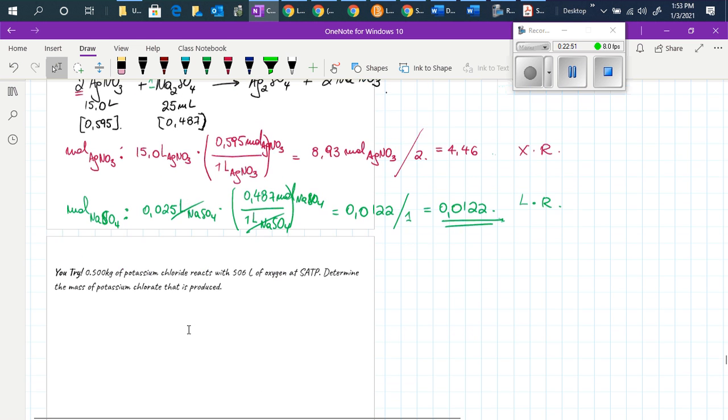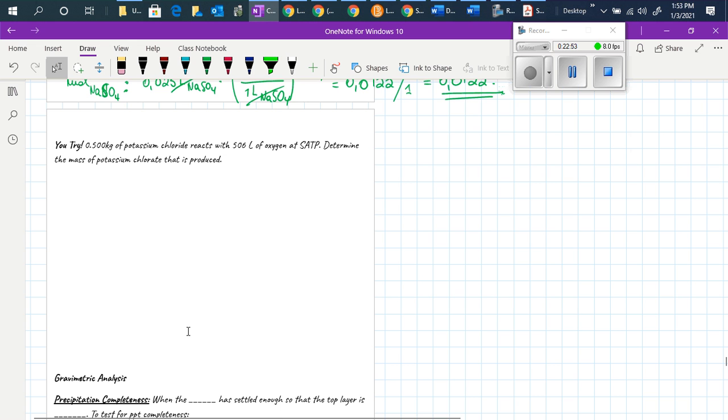Okay, so now it is your turn to see what happens when 0.500 kilograms of potassium chloride reacts with 506 liters of oxygen at SATP conditions, and determine the mass of potassium chlorate that is produced.